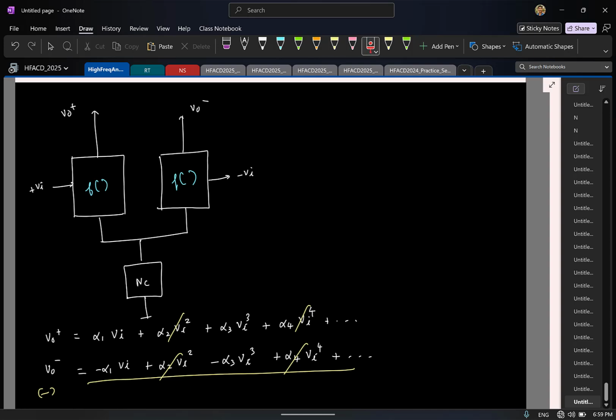Yes, at least now you see that earlier you had all orders of nonlinearity. Now at least the even powers completely get cancelled. So that is an important feature of fully differential circuits. You will have no even order nonlinearities, and you'll have only odd order distortion.